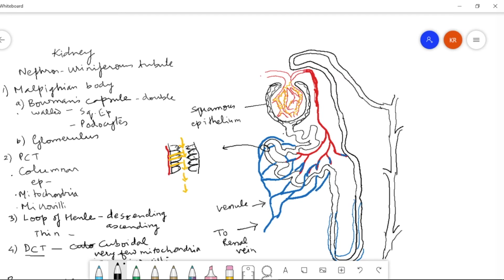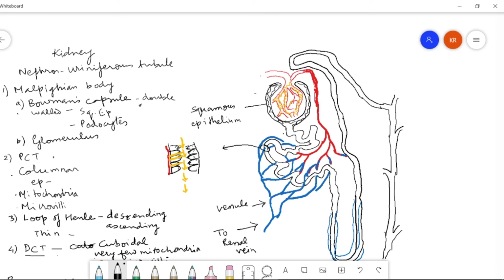So there are three steps that we have seen. The first step takes place in the Bowman's capsule. The second step, reabsorption, takes place in the PCT, and the third step, tubular secretion, in the DCT.